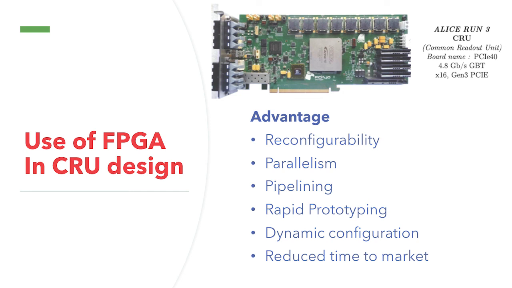Now, for those who are new here, the advantage of using such an FPGA-based architecture in high-energy physics is because of the reconfigurability, parallelism, and pipelining. It allows you to rapidly prototype the system, with dynamic configuration, and also reduces time to market.